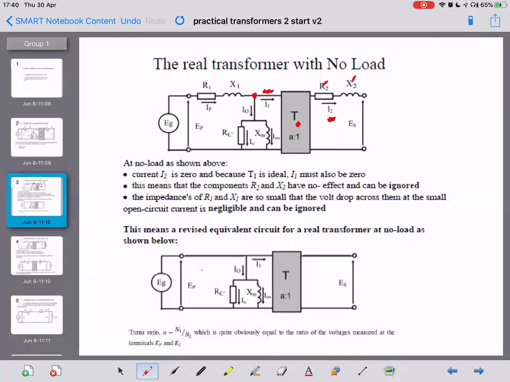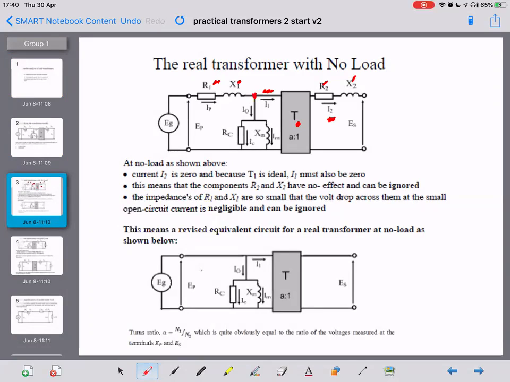Then the impedance of R1 and X1 at no load condition are so small, because the volt drop across them is so small, that they'll be negligible, because the I0 current is much less than would flow in a loaded condition. The volt drops across these two components are negligible enough to be ignored.